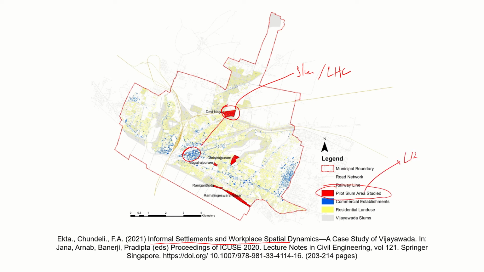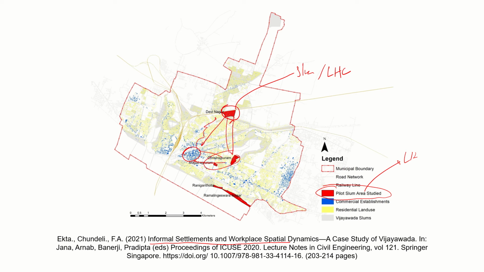What is the spatial dynamics between these two? Whether they are appropriately positioned or not, whether the city has taken care of the connectivity, is one of the studies that we do to understand the dynamics of this kind of movement.